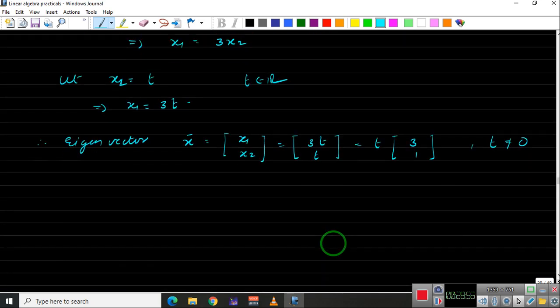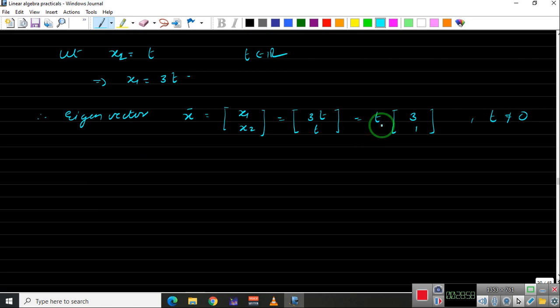So for any value of t you will get an eigenvector. Let us take a particular value, t equals 1. Then x bar becomes 3 and 1. This is the eigenvector corresponding to the eigenvalue lambda equals minus 2.